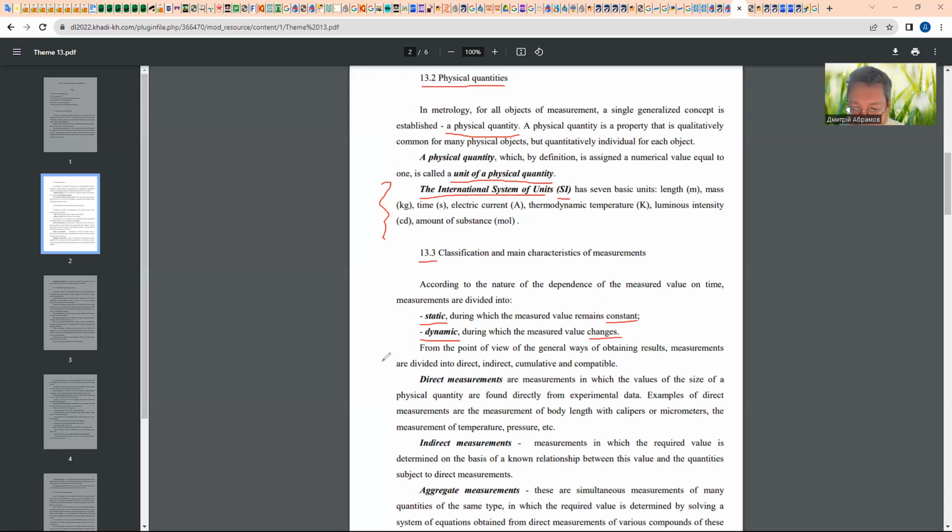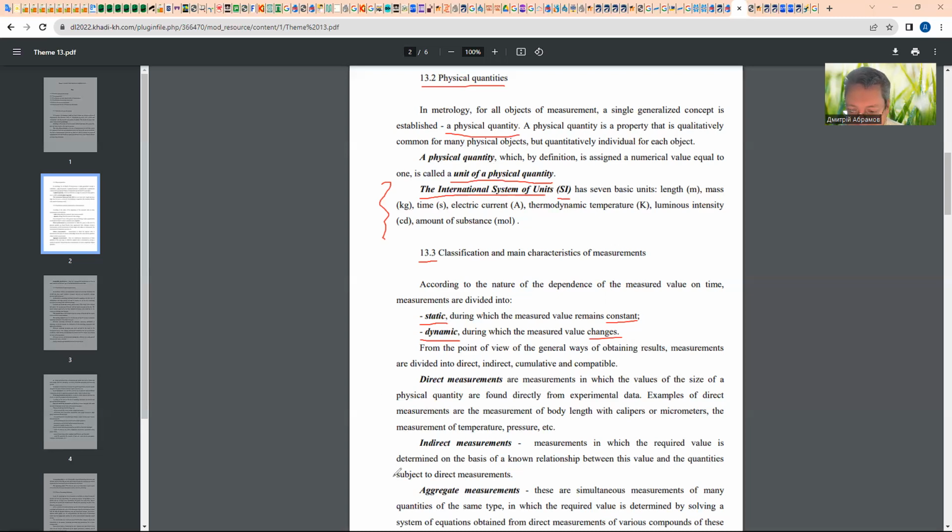Indirect measurements. Measurements in which the required value is determined on the basis of a known relationship between this value and the quantity subject to direct measurements. Aggregate measurements.